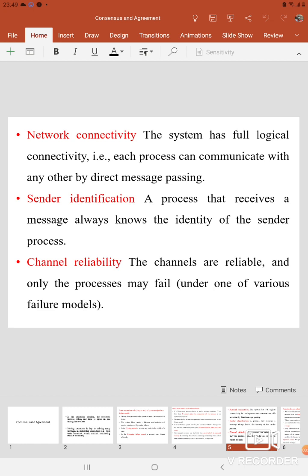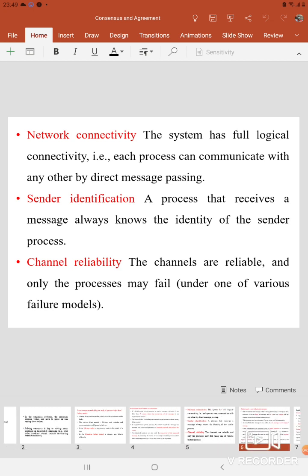Every process in the system that receives a message always knows the identity of the sender process. In every message, you should include the identity of the sender. The next one is channel reliability. We assume that all the channels are reliable and only the processes fail, not the channels.